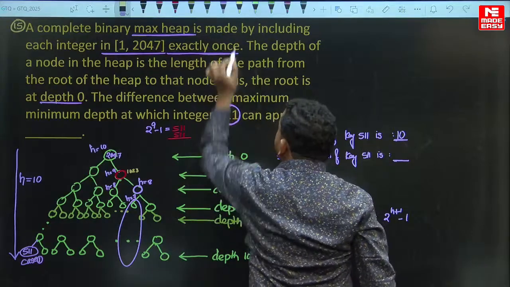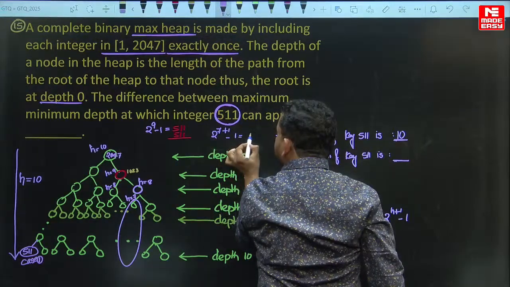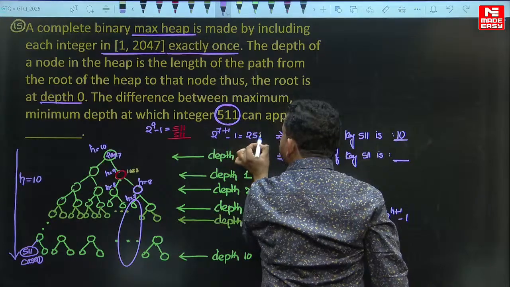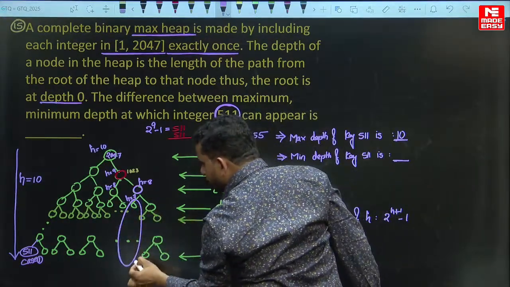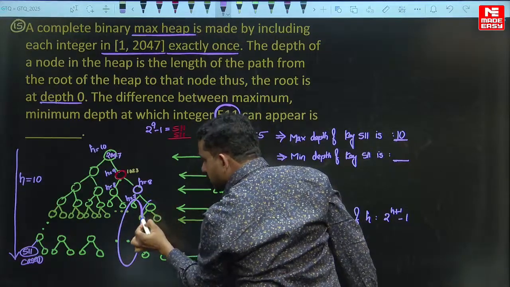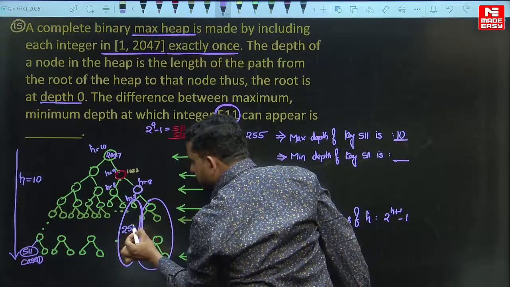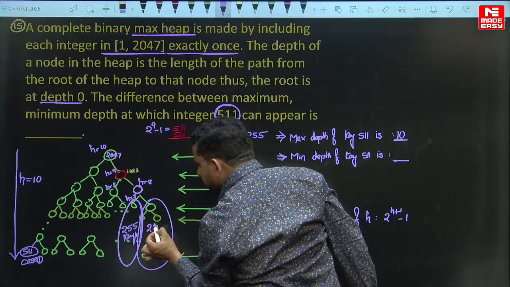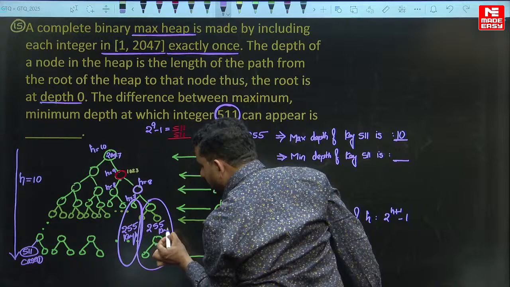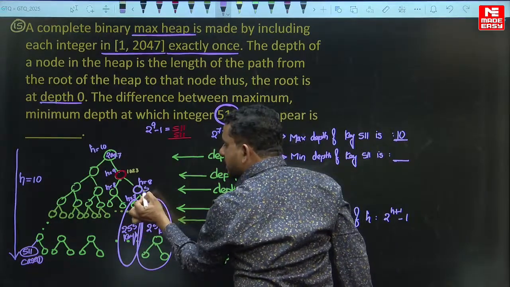So 2^(7+1) minus 1 is 255 nodes. This subtree should have 255 keys and the second subtree also 255 keys. So 510 keys, then 511 can be here.